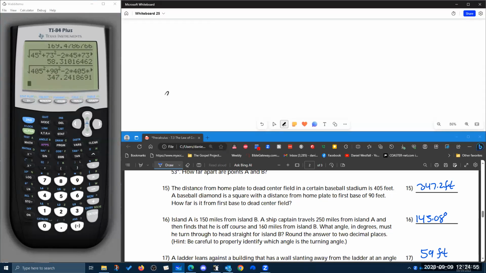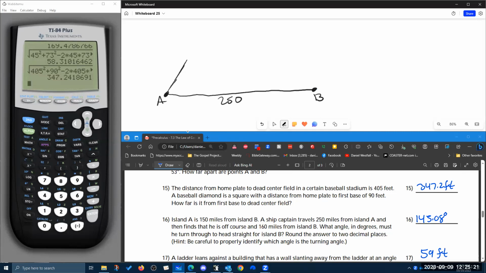Now we're trying to get from island A to island B, and they are originally going to be 150 miles away from each other, if I went on the correct heading, but the captain went way in the wrong direction here.